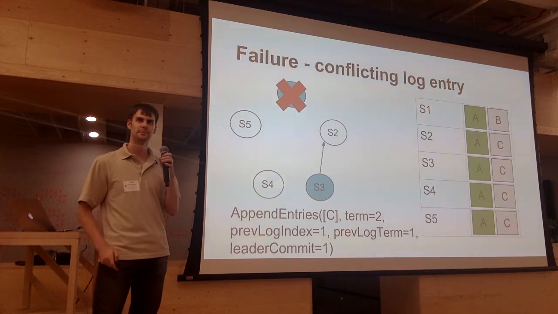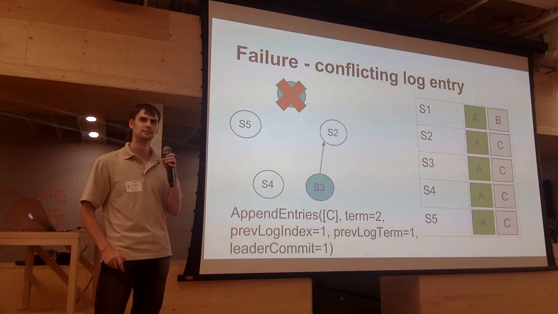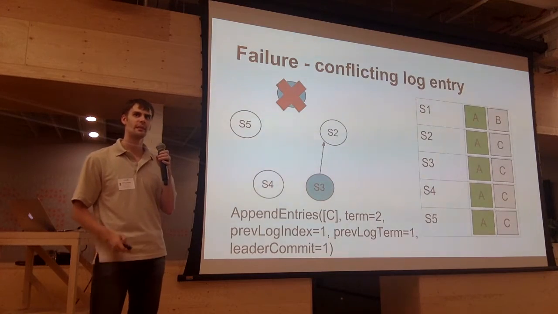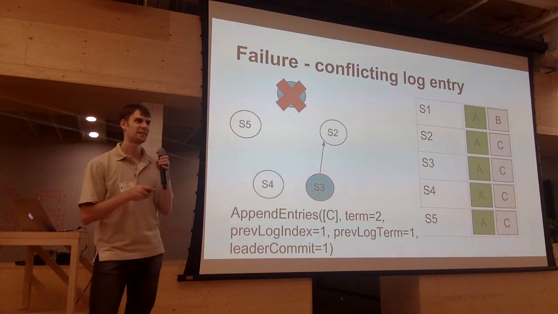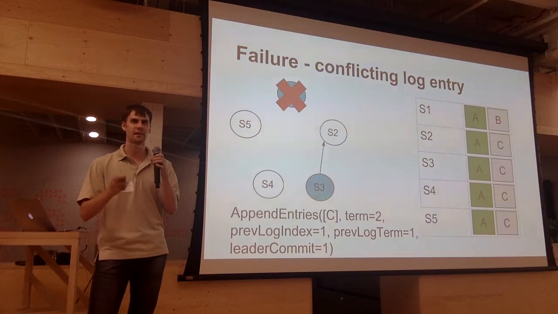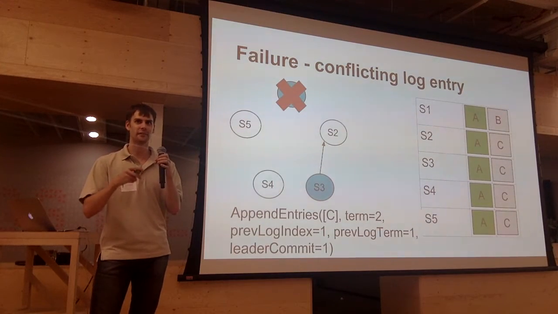What is it that makes it so that the leader must have gotten it if it was on the majority of nodes? Just because everything had to have gone through the leader, and why does the leader have to have it? Yes, because if something was committed, it has to be on the majority of nodes.